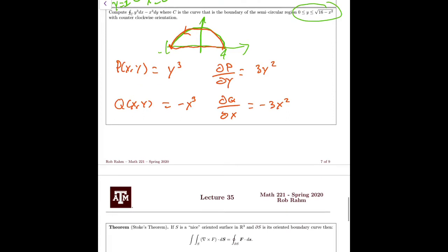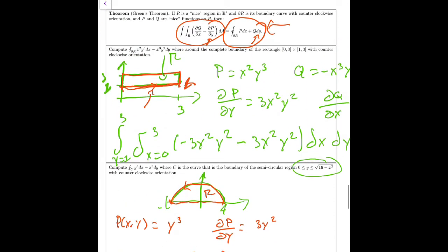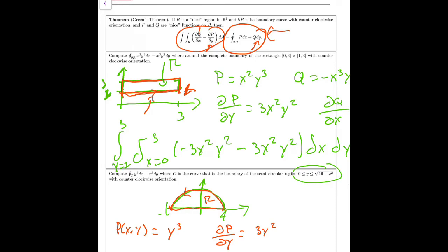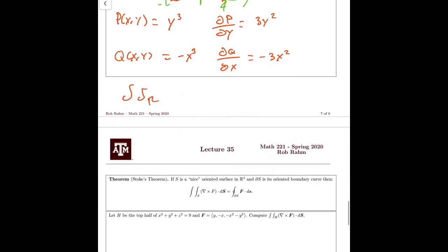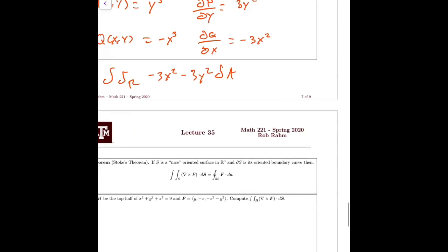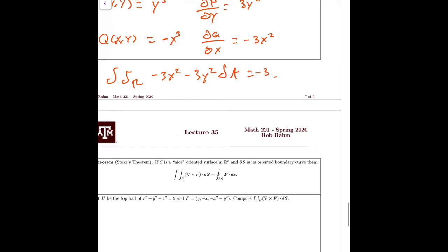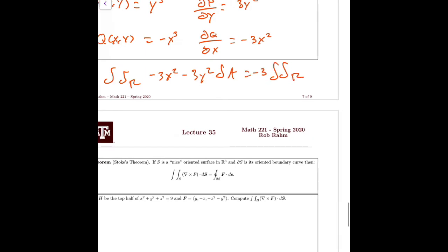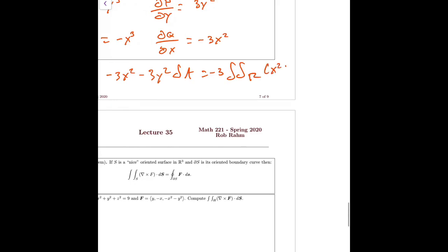Okay, so the integral then, let's call this region R, the line integral is going to be the integral over the region R of Q_x minus P_y. So Q_x is minus 3x squared minus P_y, so that's minus 3y squared dA, which is equal to minus 3 times the integral over R of x squared plus y squared dA.